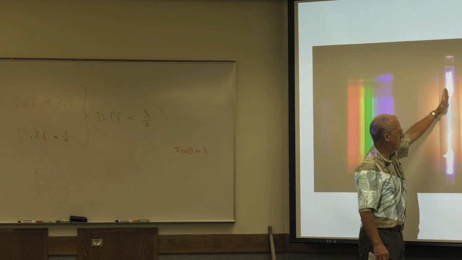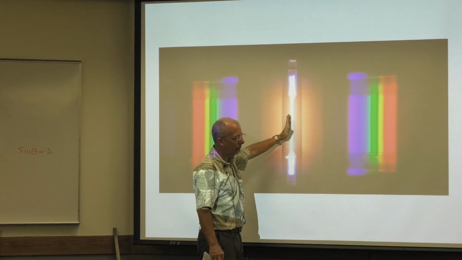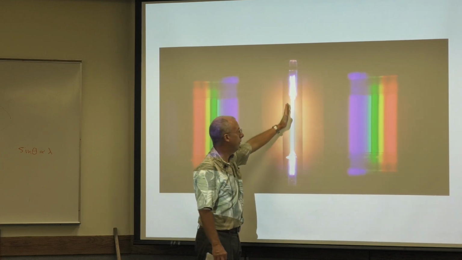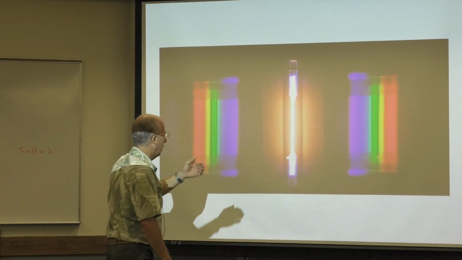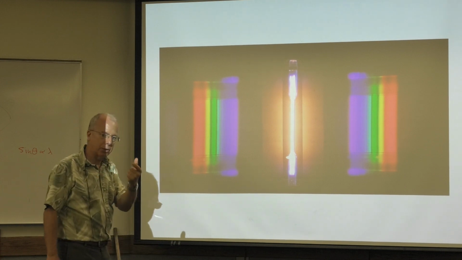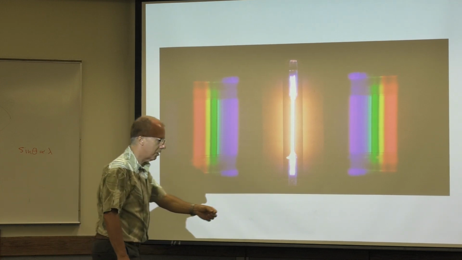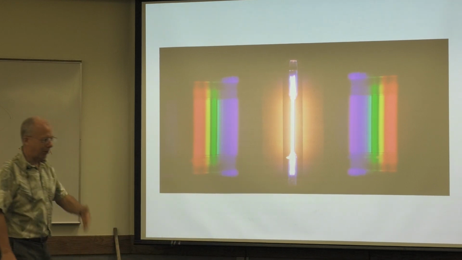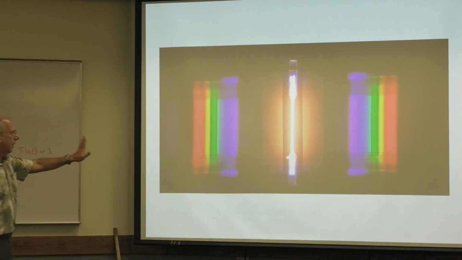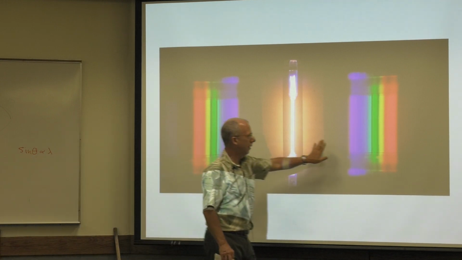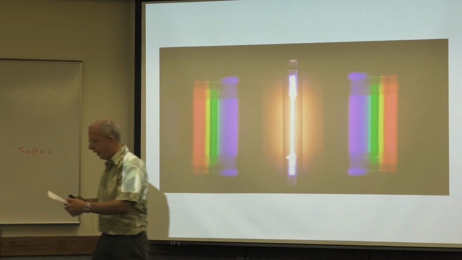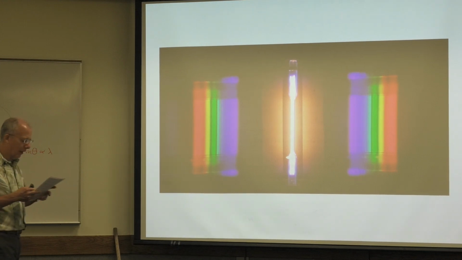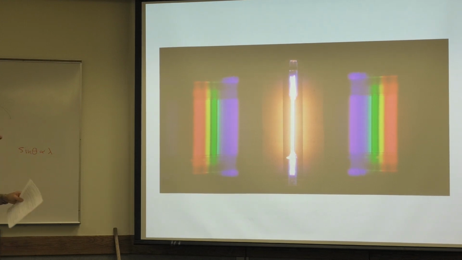It's the light coming from one particular element, which is heated up, so it emits light at particular wavelengths, and you're looking at that through a diffraction grating. You're going to do that in the lab. So the light source is here, then there's a diffraction grating, and you're over here, and you get to see all these different colors. So you get to measure the wavelengths and all this neat stuff. You'll do that in lab.